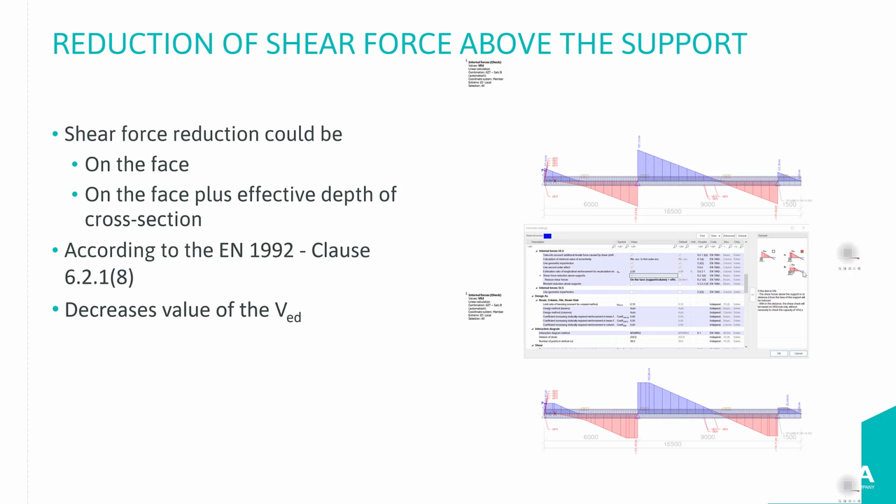Here is the final calculation where I applied the reduction on the face of the support plus effective depth of the cross section. So you can see that I'm going here from 187 kilonewtons to 161, and it's on this length.